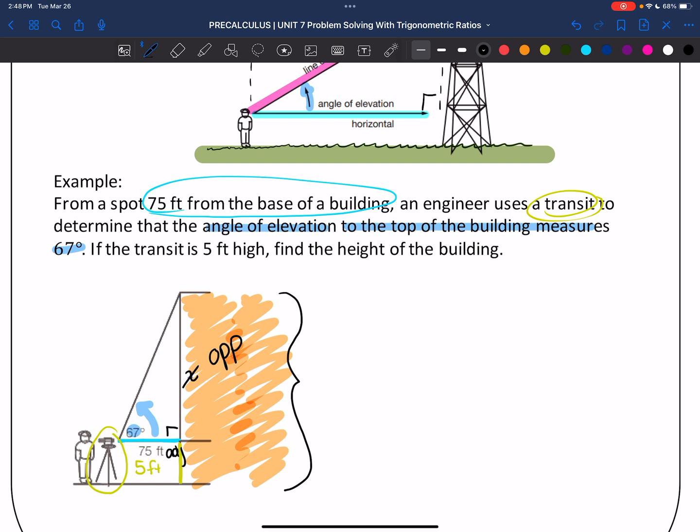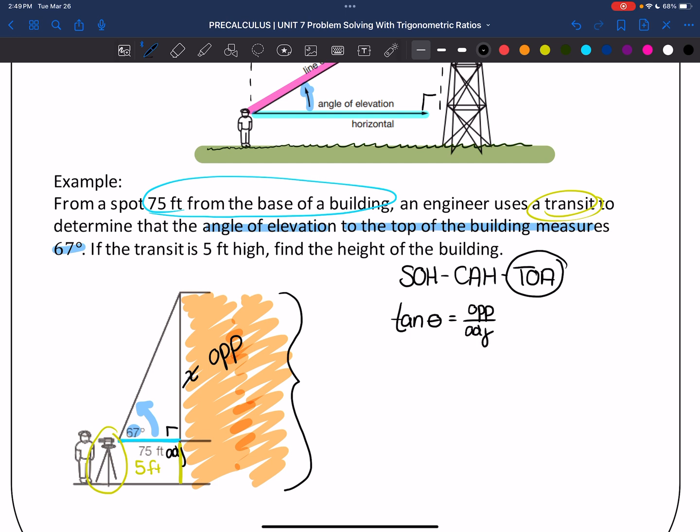Remember, let's write this down. TOA. Opposite and adjacent is that last trig ratio, that is tangent. So we will use our tangent function in order to help us find the portion of the height of our building that we are desiring.